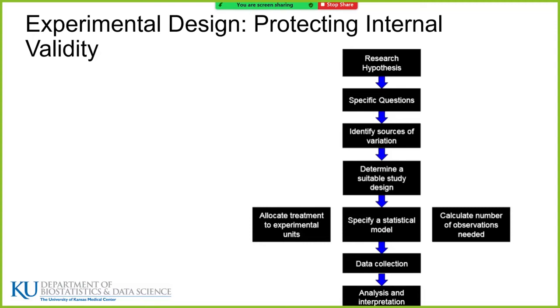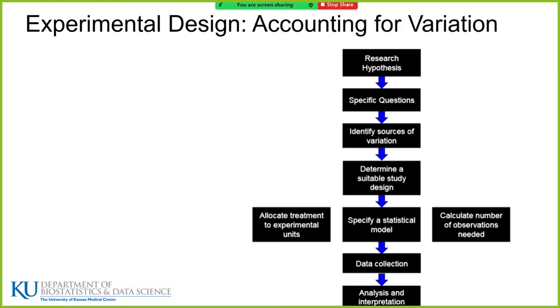So this process of experimental design, this is what we as statisticians spend a lot of time thinking about. Now, we don't necessarily have the scientific expertise, which is why this is a collaborative process. It can't be done just by the statistician or just by the investigator. We often work together to account for all the potential sources of variation that could impact the internal validity of our study.